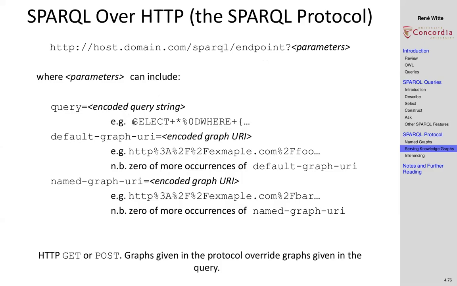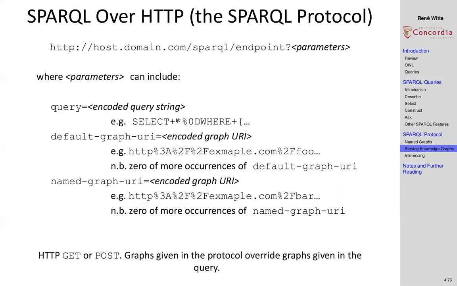This has to be an encoded query string, meaning you do a URL encoding where you replace special characters like spaces and so on. There are libraries for that. If you haven't seen it before, look up query encoding. It's not something special to SPARQL, it's general web encoding.